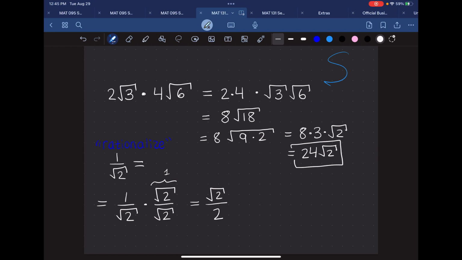Note that if you were to multiply 2 times 2, you'd get 4, and then you take the square root and you would get 2. And so this is actually the simplified version of what we had before, because it is rationalized. So this one is now rationalized.